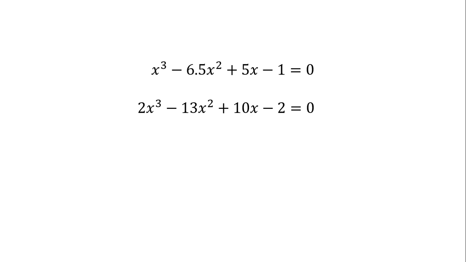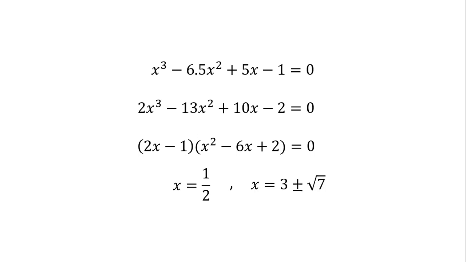And so if x equals 1/2 is a root, then the left-hand side of this equation can be factored into quantity 2x minus 1 times quantity x squared minus 6x plus 2. Now, to get the roots of x squared minus 6x plus 2, you can just apply the quadratic formula. And so, the three roots that we have are 1/2, 3 plus square root of 7, and 3 minus square root of 7. These are now the values of P, Q, R.